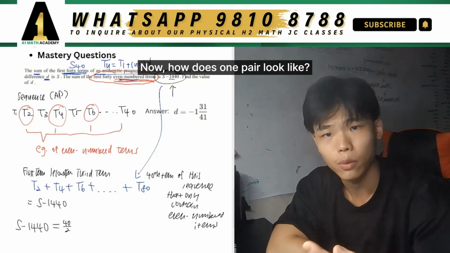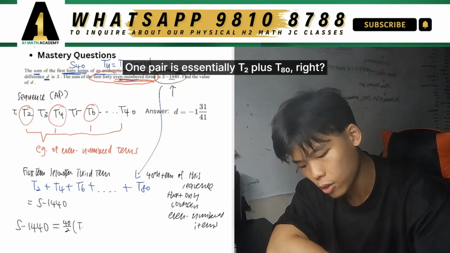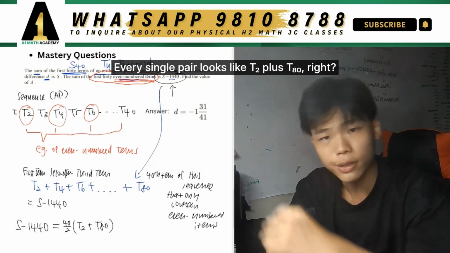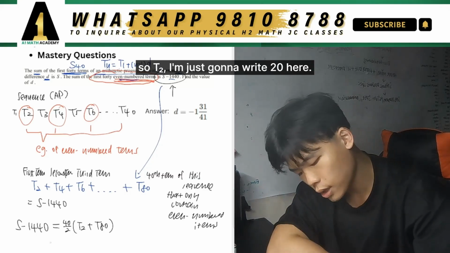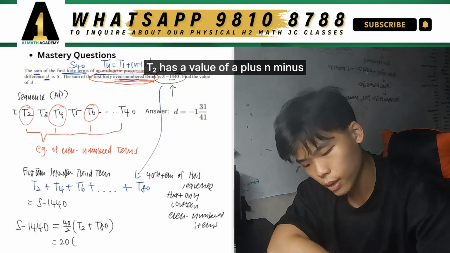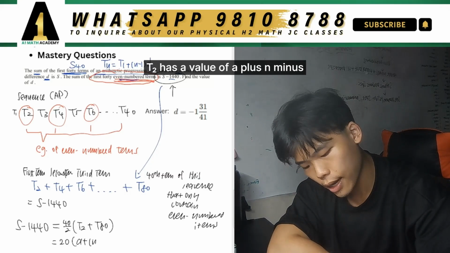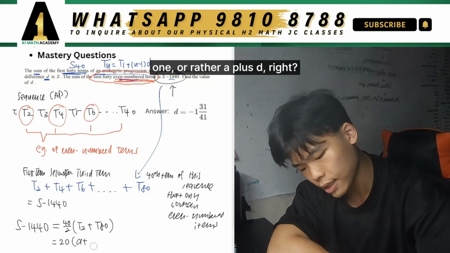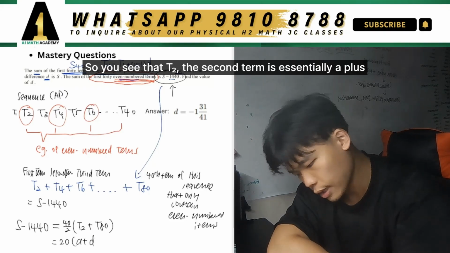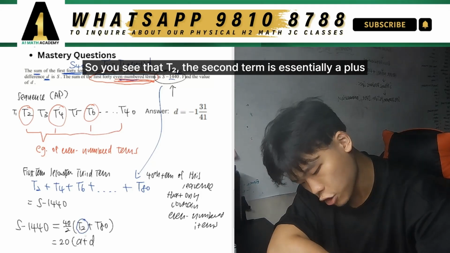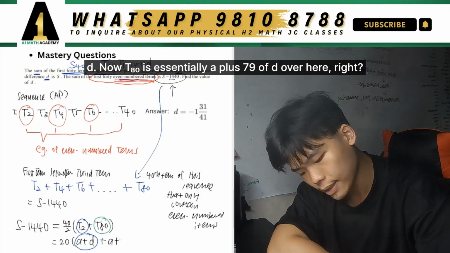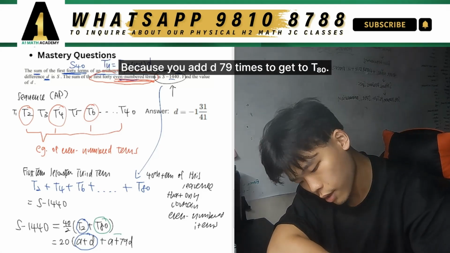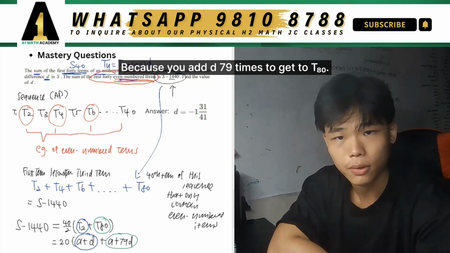Now, how does one pair look like? One pair is essentially T2 plus T80, right? Every single pair looks like T2 plus T80, and every single pair has the same value. So I'm just going to write 20 here. T2 has a value of A plus (n minus 1)D, or rather A plus D. The second term is essentially A plus D. Now, T80 is essentially A plus 79D, because you add D 79 times to get to T80.